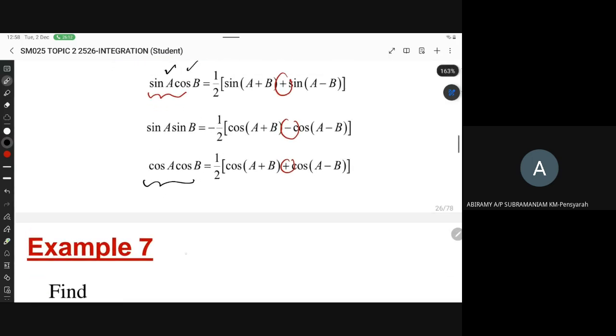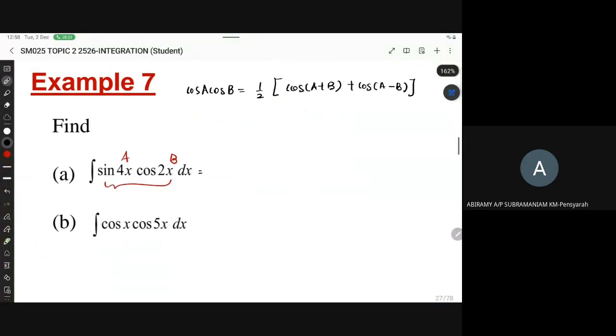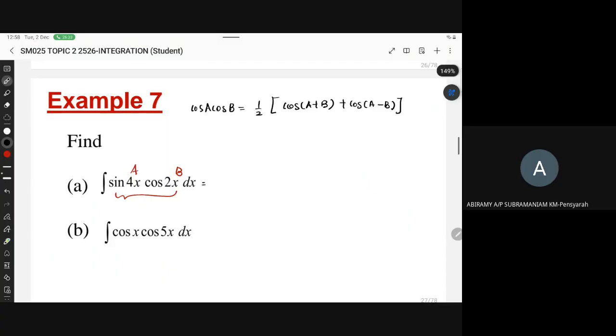So what is cos A multiply cos B? 1 over 2 cos A plus B plus cos A minus B. For our question, we are going to write this as the integration of cos. We are not going to write x first. We are going to write 5x first.